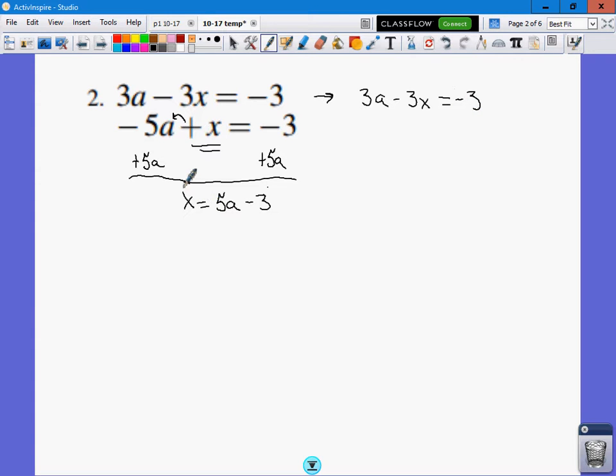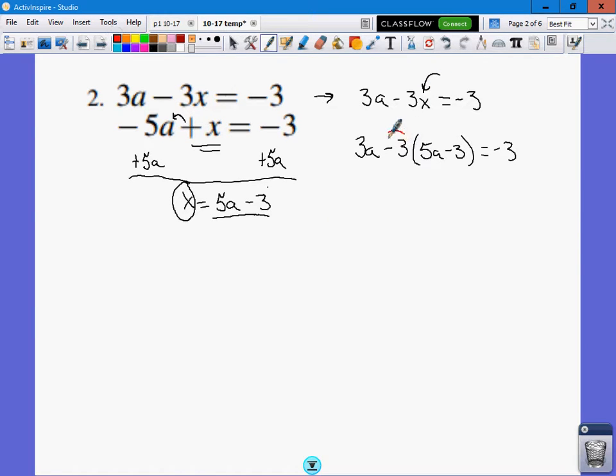And wherever you see an x, what can I now put in its place? So where this x is, I'm going to substitute, hence the name substitution. 3 times (5a minus 3), I've got to put parentheses, minus 3a equals -3. I've substituted this value, 5a minus 3, in place of this x.